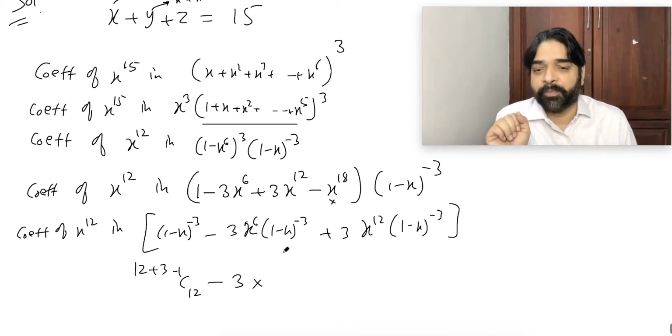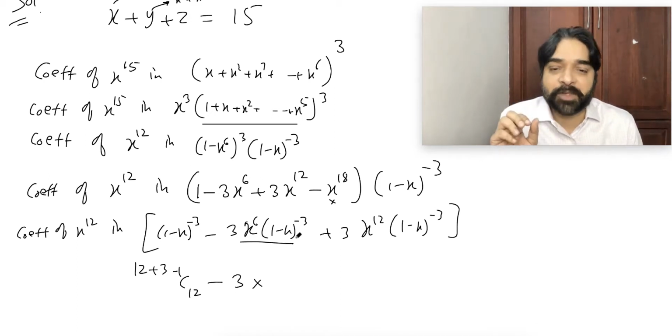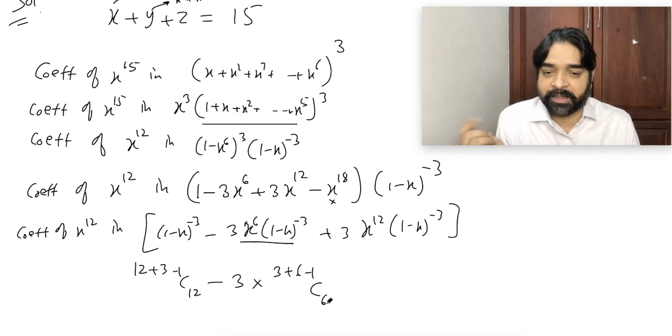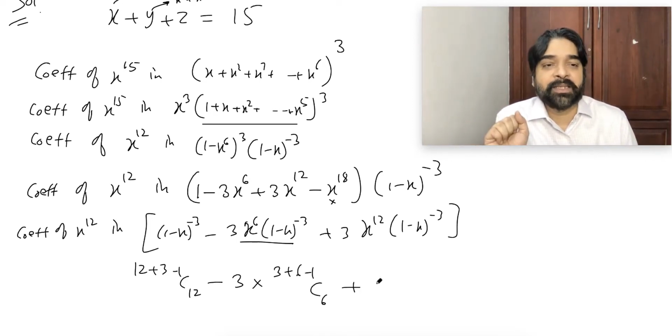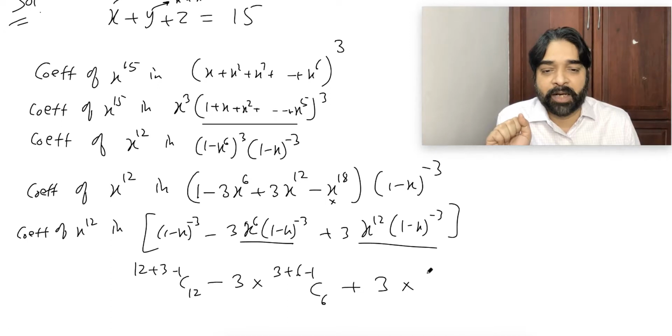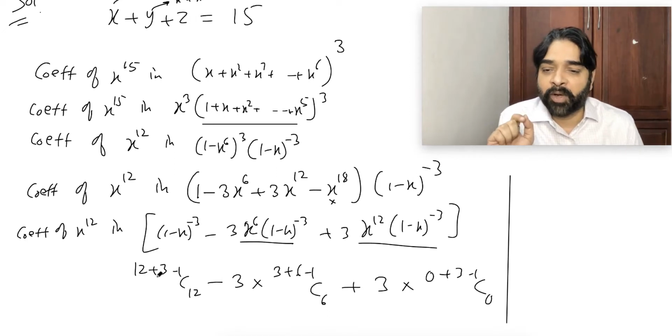Minus 3 into coefficient of x power 12 in this total, I will say coefficient of x power 6 in this. So that will be 3 plus 6 minus 1 C6. Plus 3 into coefficient of x power 12 in this total, means coefficient of x power 0 in this. So that will be 0 plus 3 minus 1 C0. I hope it's clear to all of you. 12 plus 3, 15, 15 minus 1, 14, 14 C12.